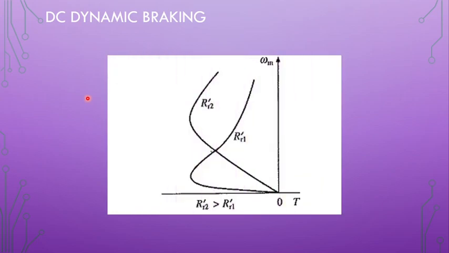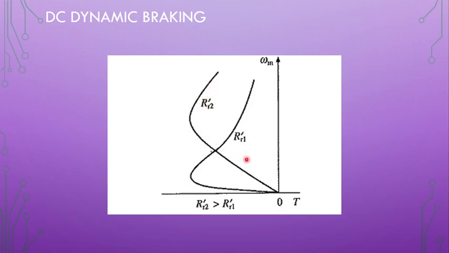So here are the speed torque characteristics of the DC dynamic braking. During braking, the resistance and reactance values will change completely because we are using a DC source. With respect to that, this is the speed torque characteristic we get in the second quadrant.